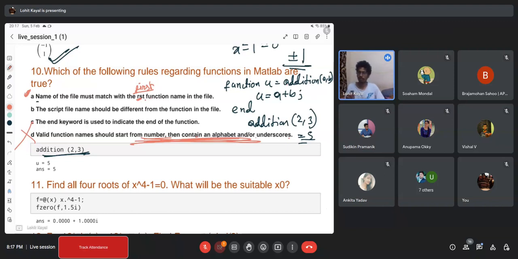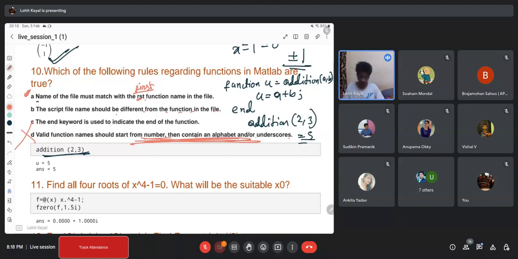If you write something like multiplication.m or subtract.m, it will not work. So this is true. Second, the script file name should be different from the function file. Obviously, if you name the script file the same as addition.m, MATLAB will not be able to identify which addition.m to choose, and it will show you an error.